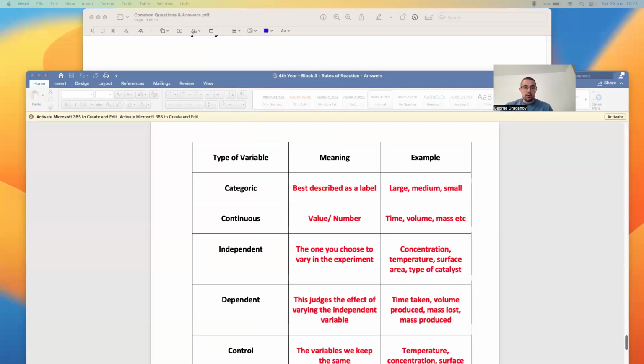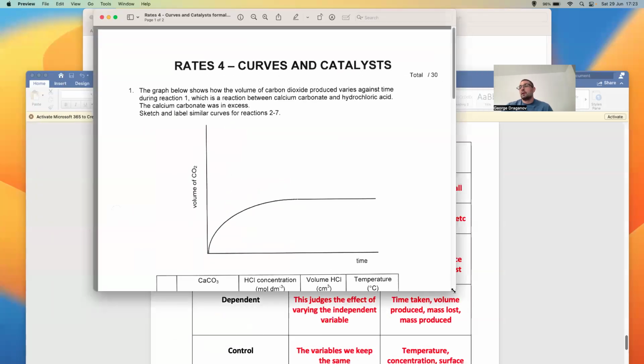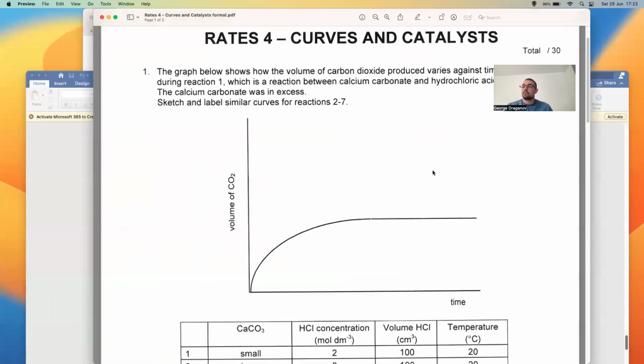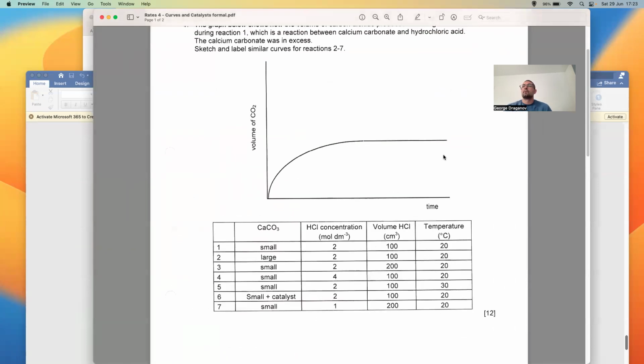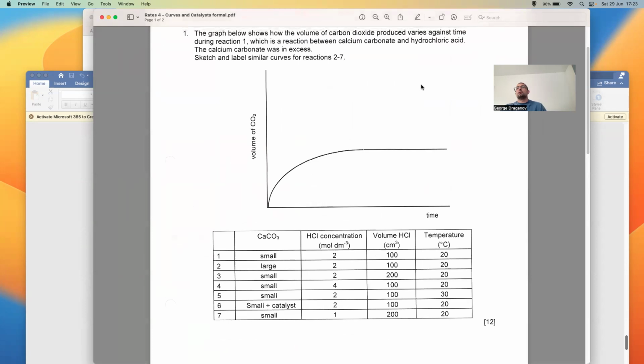So with this newfound knowledge, this will be the task. We have CO2 being produced with marble chips and acid reacting, and the marble chips, importantly, is the one in excess. So the acid is limiting the reaction. Let's have a look at this table and use different colors for these things.